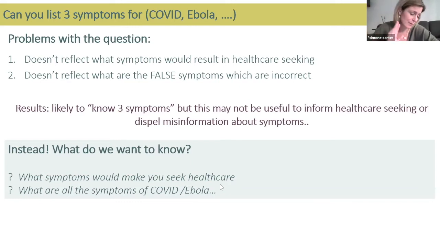If you're not bleeding, it can't be Ebola. Because the posters and everything else had said that, and the beginning of the survey said, no, everybody knows the symptoms, so why aren't they seeking healthcare? And actually, it's that they didn't know the symptoms that were the most common. The other thing is to understand what symptoms drive healthcare seeking for different age groups, for different categories of individuals. So there are much more nuanced questions that can help us.